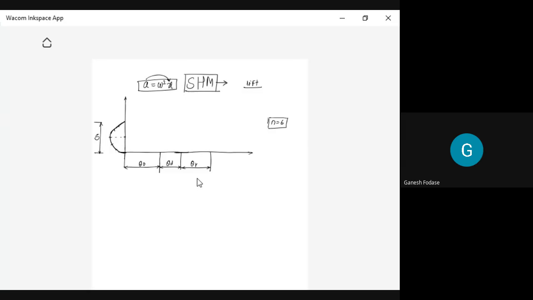So I divide this semicircle into 6 equal parts. Let's say this first angle is 30 degrees, this one is 60 degrees, this one is 90 degrees, 120, 150, and this is 180. So likewise, I divide this semicircle into 6 equal parts. Is the procedure clear?